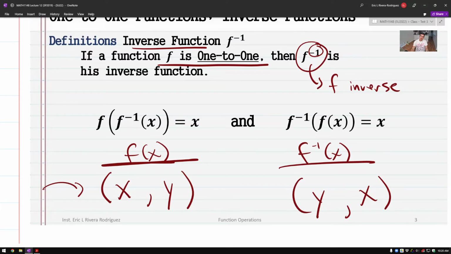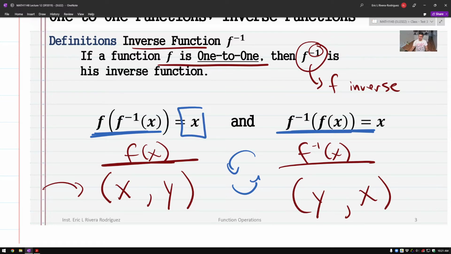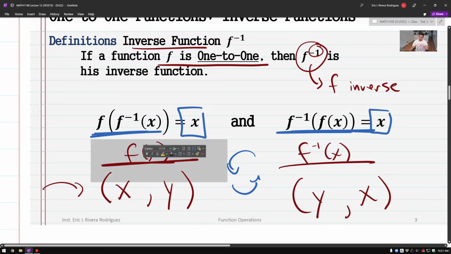So the name itself explains the concept. We are talking about inverse functions. Interesting, this is something that we are going to use: if we create a composition of f with its inverse, the result or the equation is always going to give us back the input.